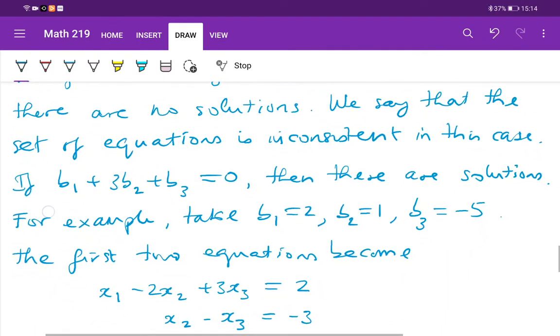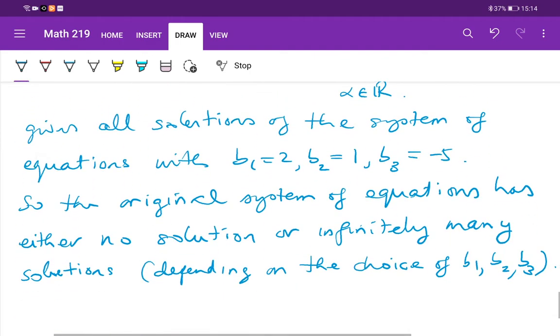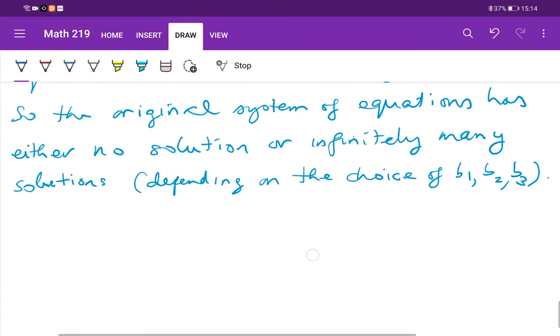You can also consider arbitrary m by n systems of algebraic equations, and Gaussian elimination gives us a method to find the set of all solutions of those. I've concentrated on square ones because these are the ones that are going to be relevant for us. However, there is an example of an m by n system, a non-square system, in the notes.